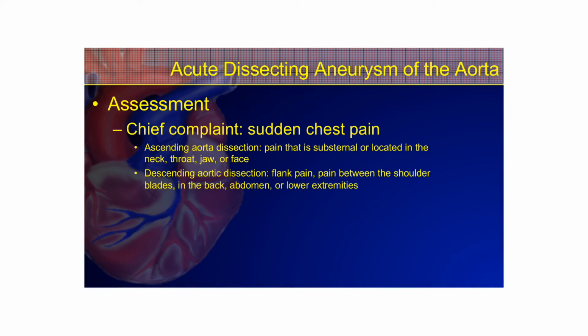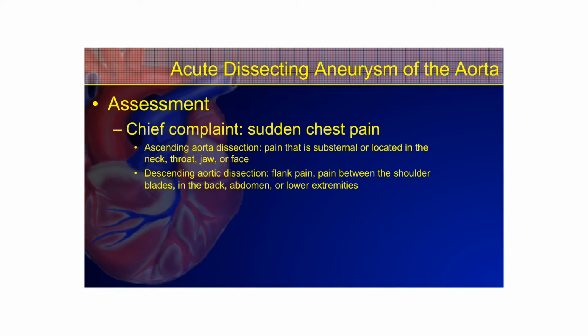When assessing the patient with an acute dissecting aneurysm of the aorta, the signs and symptoms depend on the location. The pressure of a large amount of blood on the surrounding organs may produce symptoms, so the location of the dissection is going to cause different symptoms. The patient's description of the pain provides clues to the location of the dissection. Almost all patients report the abrupt onset of constant, unbearable pain.